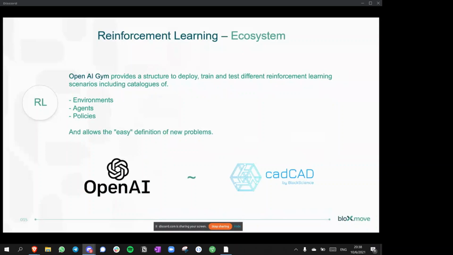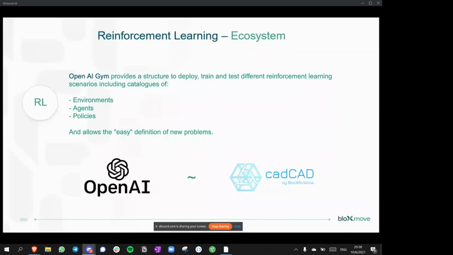The best known one, I would say, especially for research, is OpenAI Gym, from a company founded, I think, also by Elon Musk, and it basically provides a structure where we can create environments and agent policies, connect them, do the training, tests, and so on.